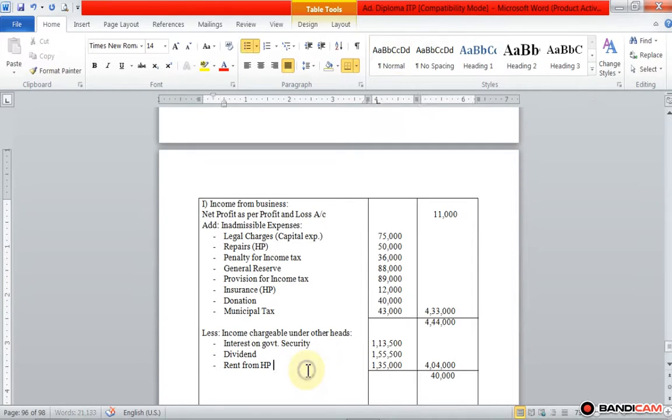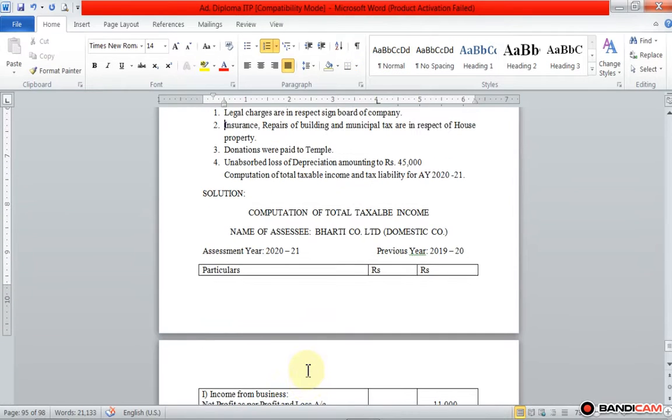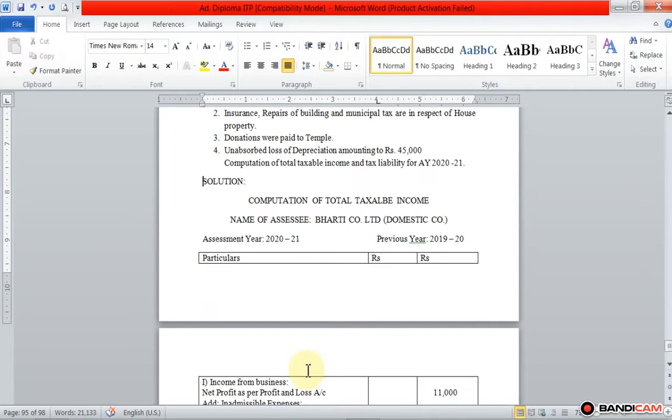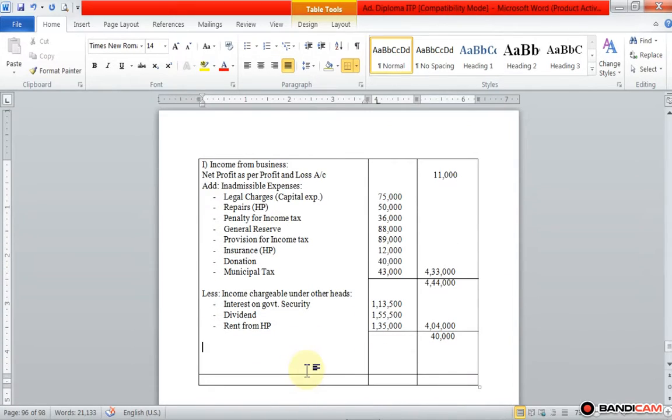Then we deduct the unabsorbed loss, less unabsorbed loss of depreciation amounting to rupees 45,000.